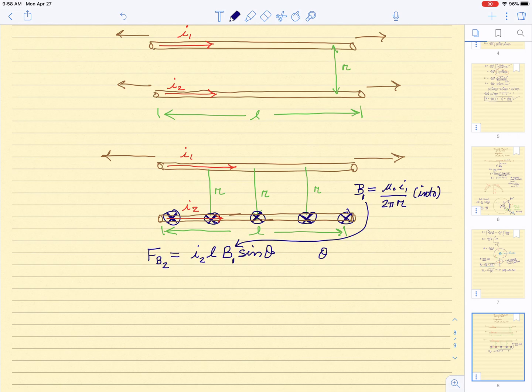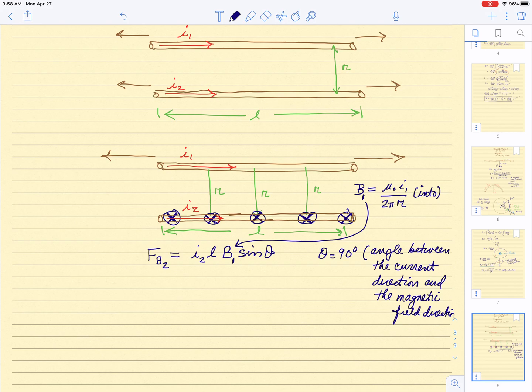And then the angle theta is 90 degrees, right? So this is the angle between the current direction and the magnetic field direction.